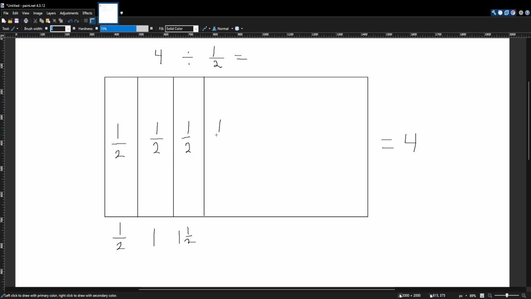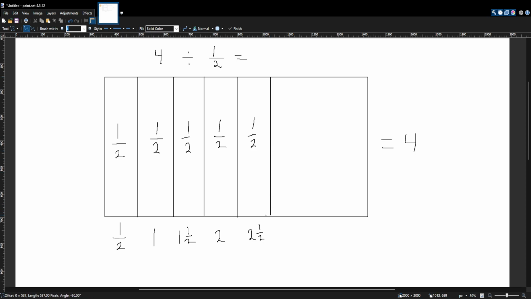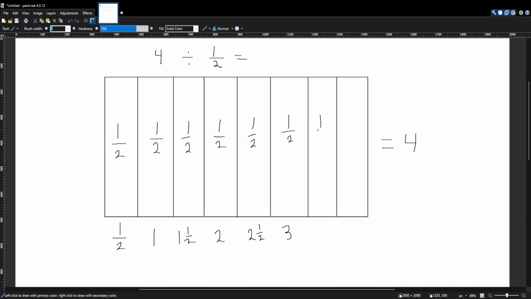A fourth half will give us 2. A fifth half will give us 2 and 1/2. A sixth half will give us 3. And then finally, a seventh half and an eighth half will give us 4, after stopping at 3 and 1/2 in the middle.